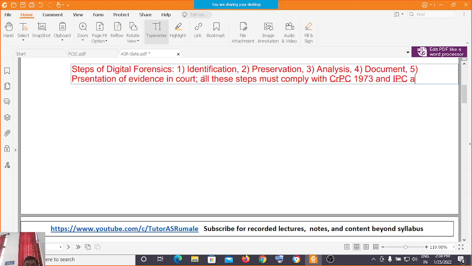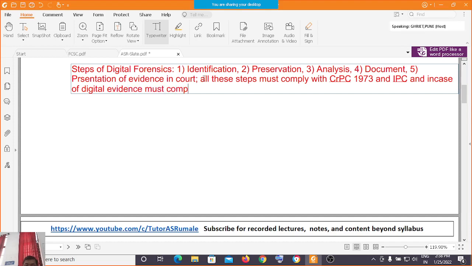And in the case of digital evidence, it must also comply with the IT Act, Information Technology Act 2000 of India, because we are considering crime happening in India. So these three laws you are required to comply with.